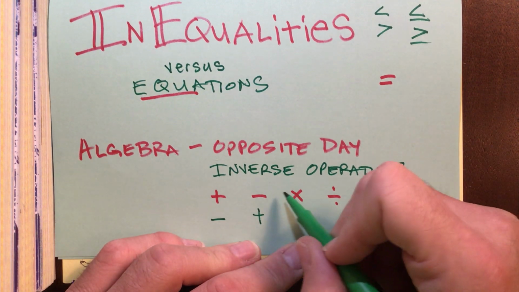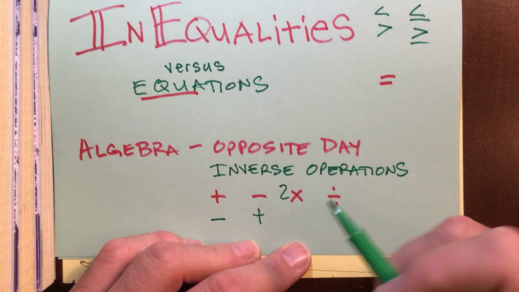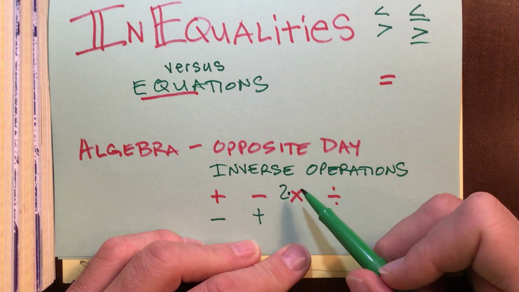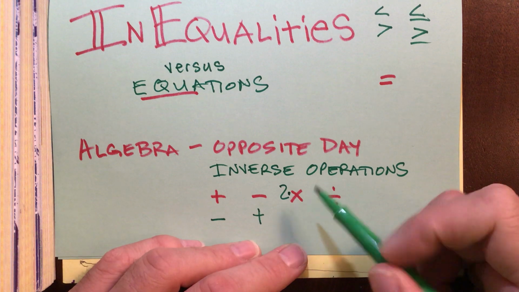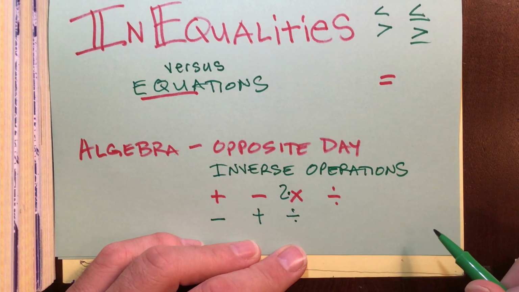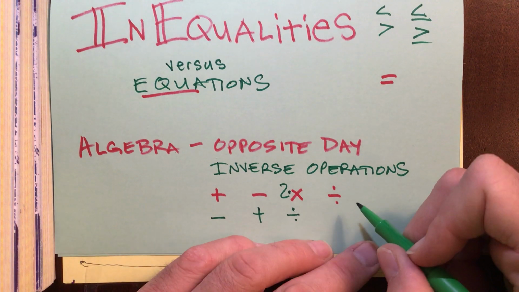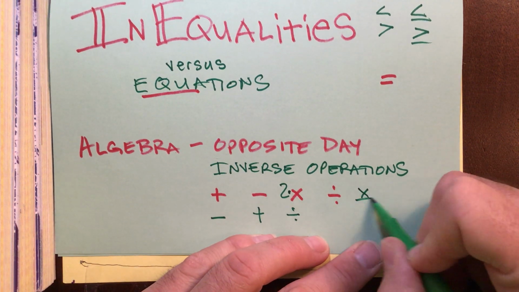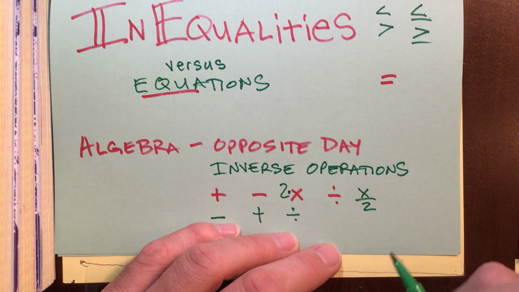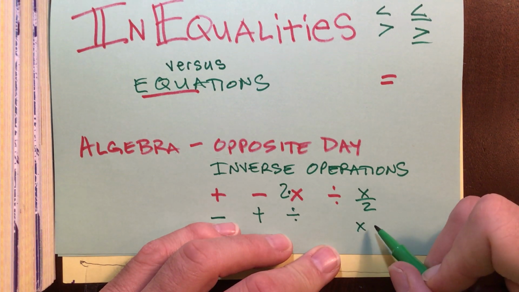But if there is a 2 in front of the letter x, that actually means times or multiply there. 2 times x. So the opposite of that is you're going to divide both sides by 2. All right? If I had x divided by 2, now I need to multiply both sides by 2 to get rid of it.